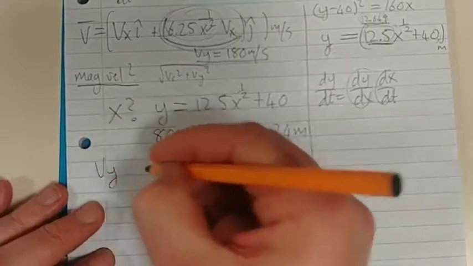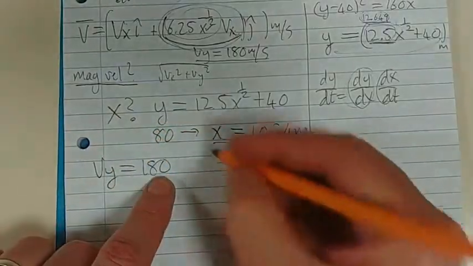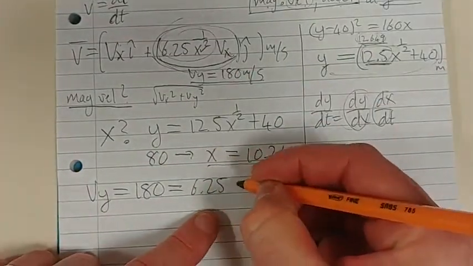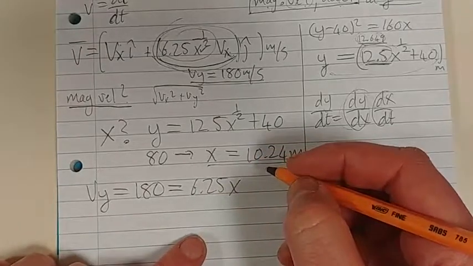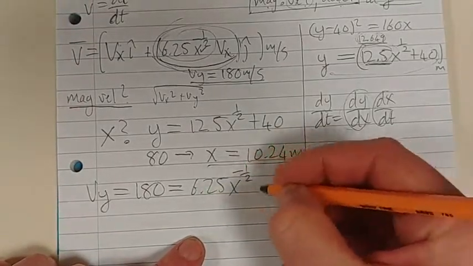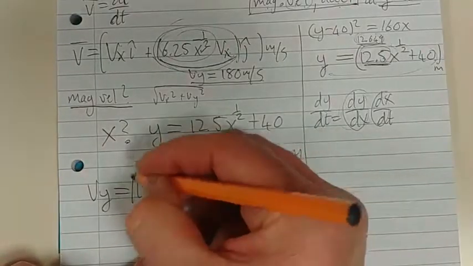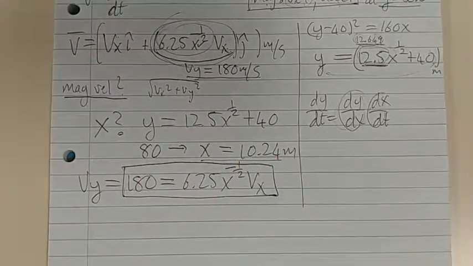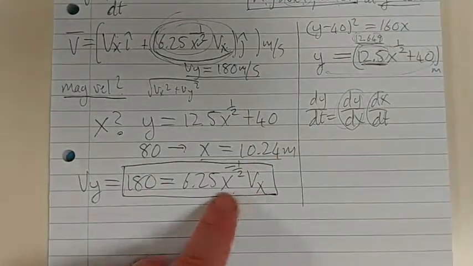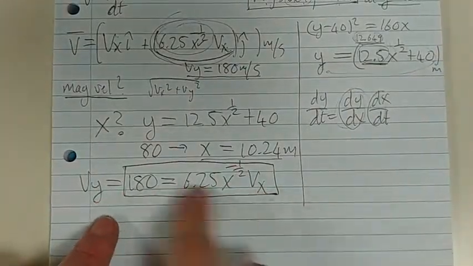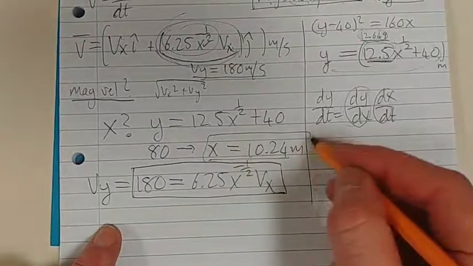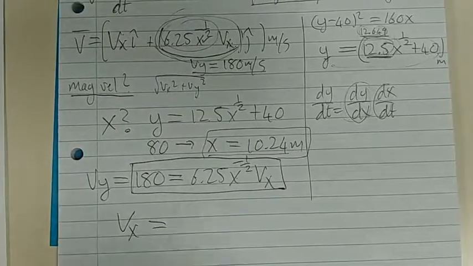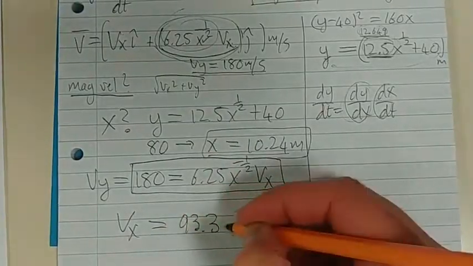So I know Vy is 180, and this whole thing is Vy, which is 6.25 x to the minus a half Vx. And I know x is 10.24, so I solve this and I get Vx equal to 93.3 meters per second.